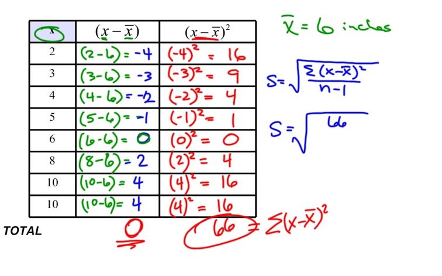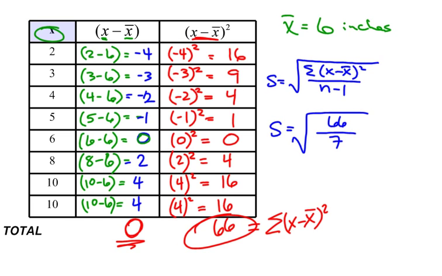So we've got the square root of 66 over n minus 1. Now n minus 1 represents the number of items subtracted 1. So we've got 1, 2, 3, 4, 5, 6, 7, 8 items in the list. So we say 8 minus 1, and that gives us a value of 7 to divide by.